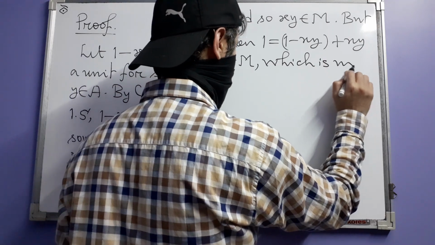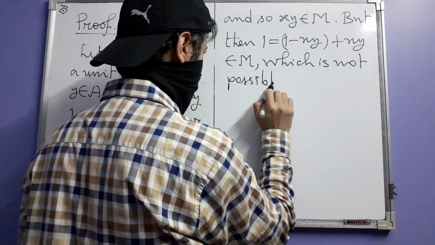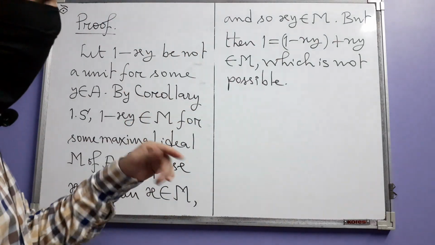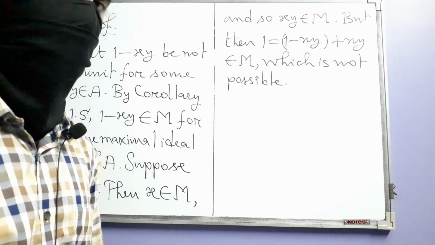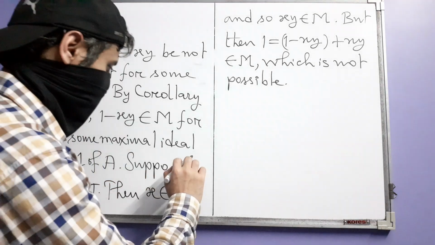Which is not possible. Why? Because M is maximal and so must be a proper ideal. However, if M has 1, M has to be equal to the ring. It cannot be a proper ideal. That is why.